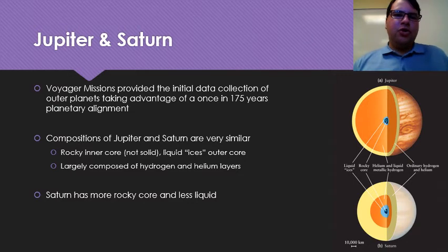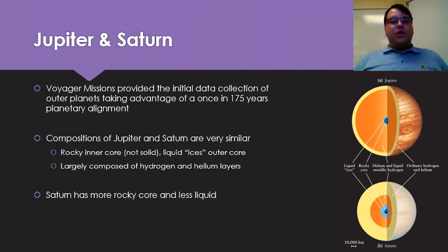So let's talk about Jupiter and Saturn. A lot of what we understood about Jupiter and Saturn, especially early on, came from the Voyager missions. And more recently, we were able to send more missions out to Jupiter and Saturn, such as Cassini and Juno. And the data that we're receiving from those missions is confirming and expanding on what we understood with Voyager.